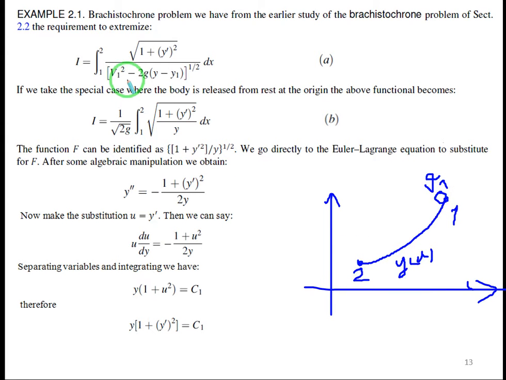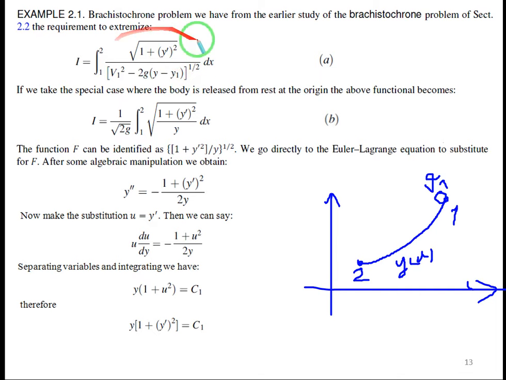We have shown that this time can be calculated by this formula: the integral from point 1 to point 2 of the square root of 1 plus y dash squared, over the square root of v1 squared minus 2g multiplied by y minus y1, all to the power of 1 over 2.